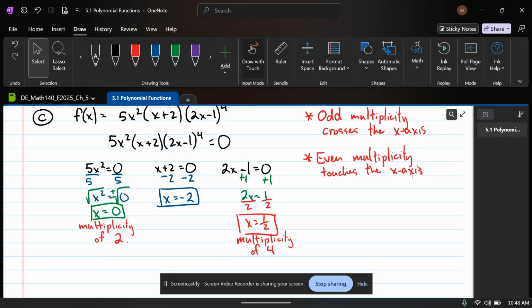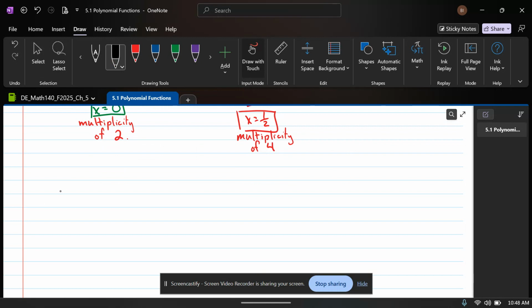Okay, so all right, let's do another one. G of x is equal to (x plus 1) squared, (x minus 2) cubed. Or maybe a little easier one. Could you tell me the degree of this polynomial?